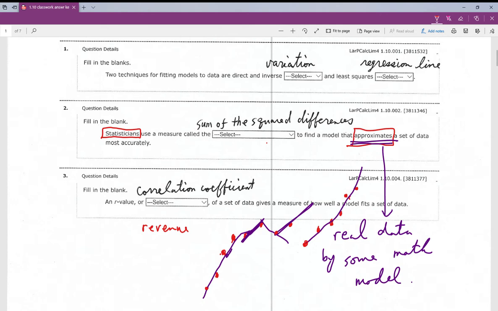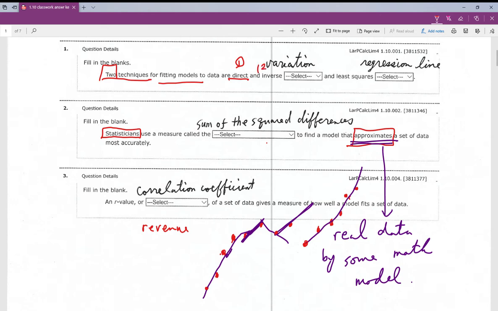So there are some different methods that we want to approach. What type of method do we want to approach? We talk about two different techniques to fit the models. Actually we have more than two different ways, but here we only talk about two types. Number one, direct variation.